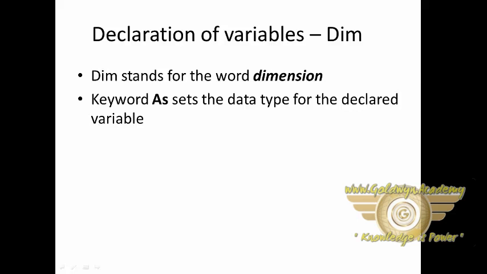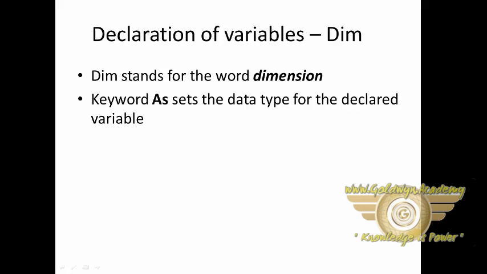And then you can use keyword As to set the data type of the declared variable. So this is just more English-like language where you say Dim myName As String. That means you declare a variable whose name is myName and you define that as a string.